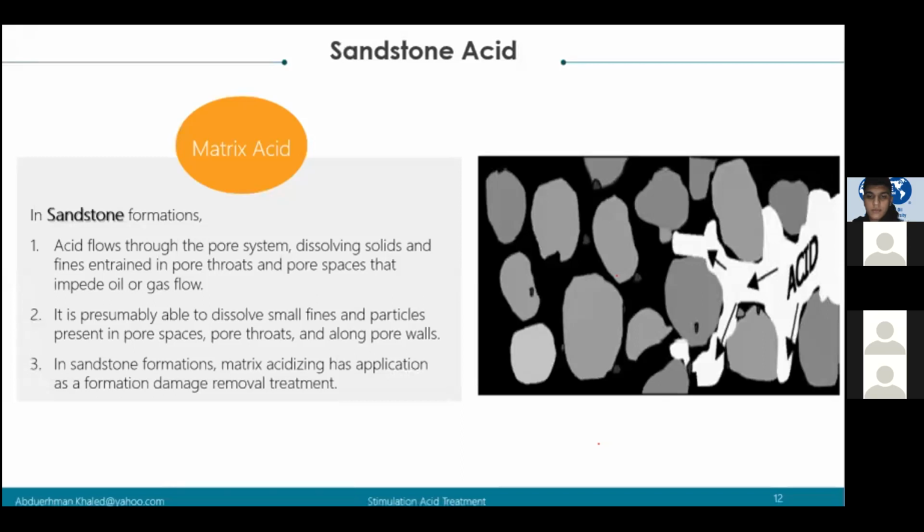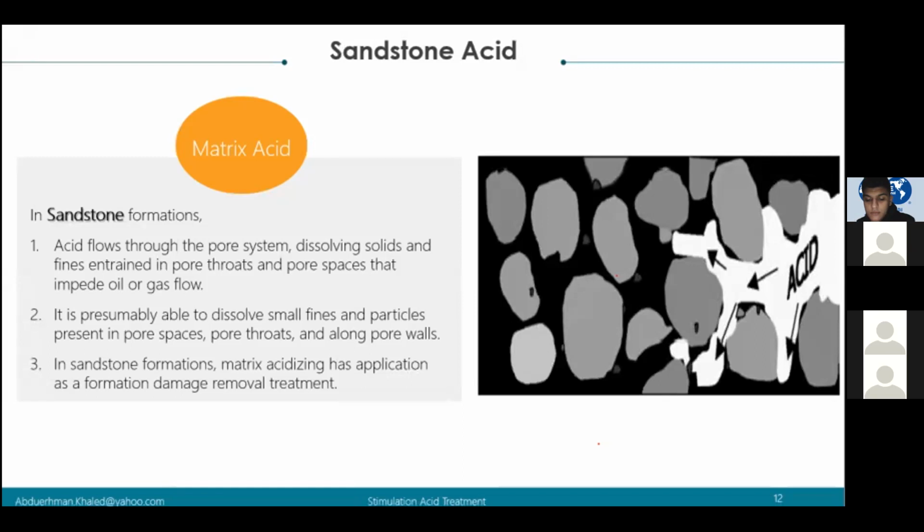The interactions of clays and other minerals with fresh water and strong HCl could result in different things. They could result in dissolution, could result in precipitation of insoluble materials, and sometimes could result in fines migration or clay swelling. So all these things may affect the stimulation process.